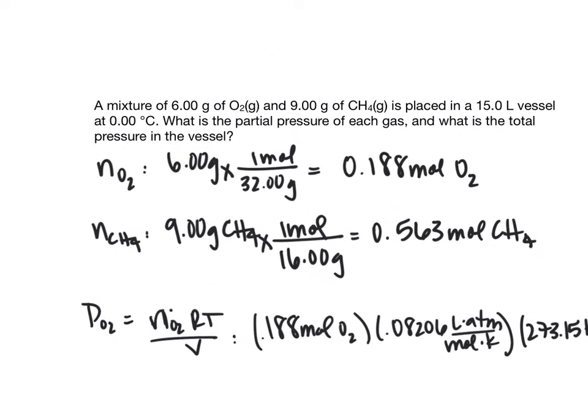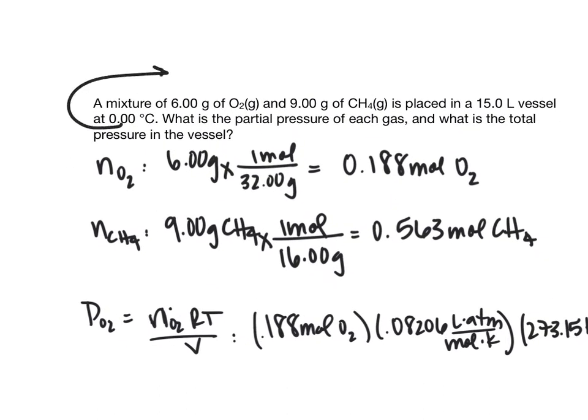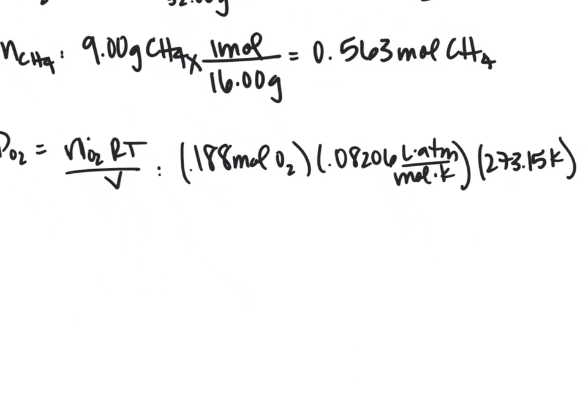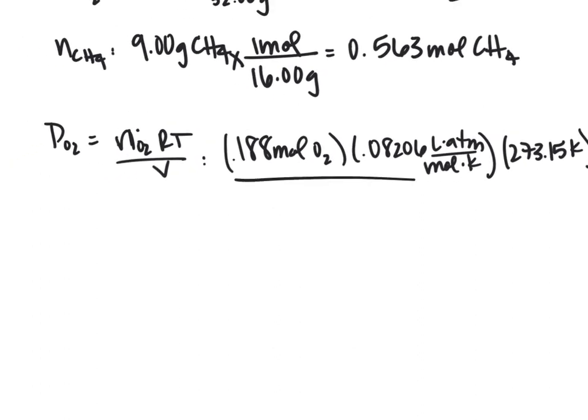It was up here at 0 degrees Celsius, which is 0 plus 273.15 Kelvin. And so we're in a 15-liter vessel, divided by 15 liters, and that's going to give us a partial pressure of 0.281 atmosphere.